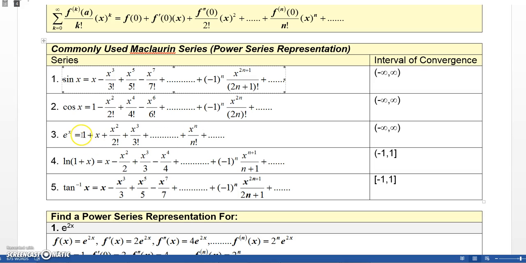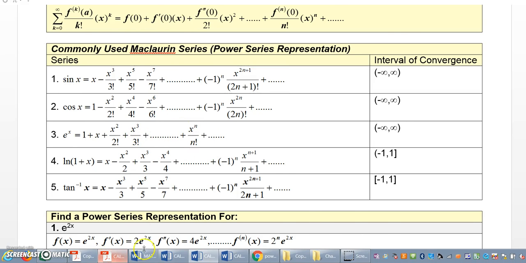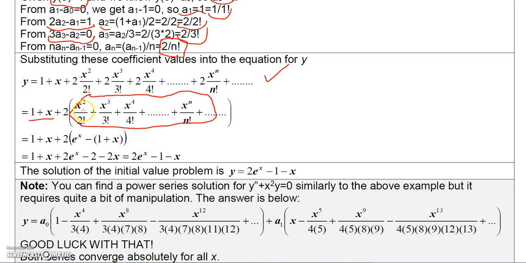So if we were to subtract the 1 plus x from e to the x, in other words, subtract 1 plus x from both sides, then we would have e to the x minus the quantity 1 plus x, and that would equal this expression here. So how that helps me is that I actually know that this expression here is equal to e to the x minus the quantity 1 plus x.